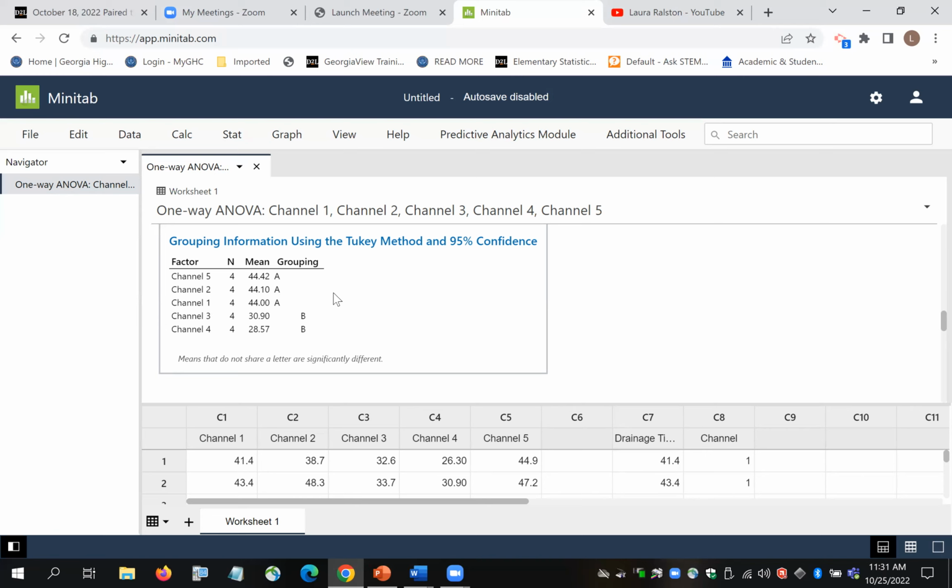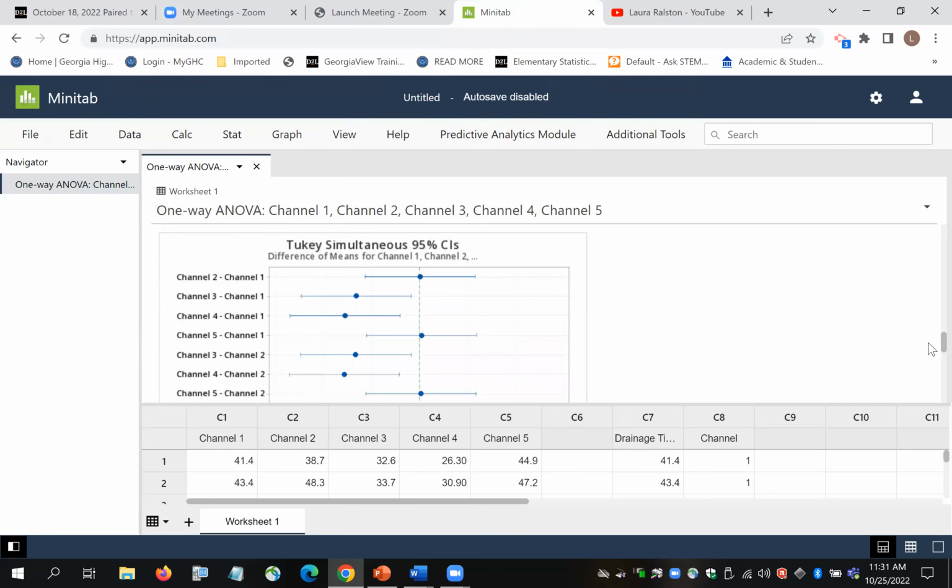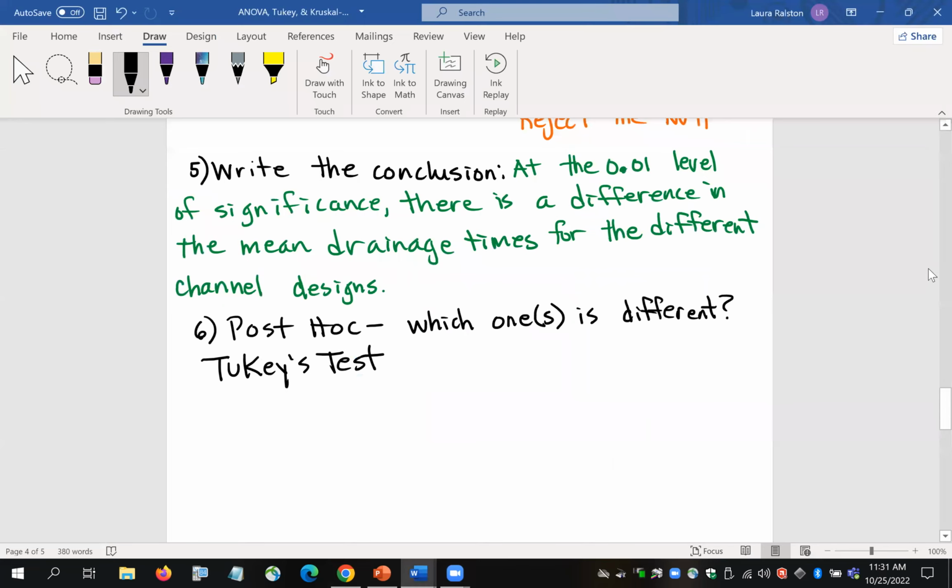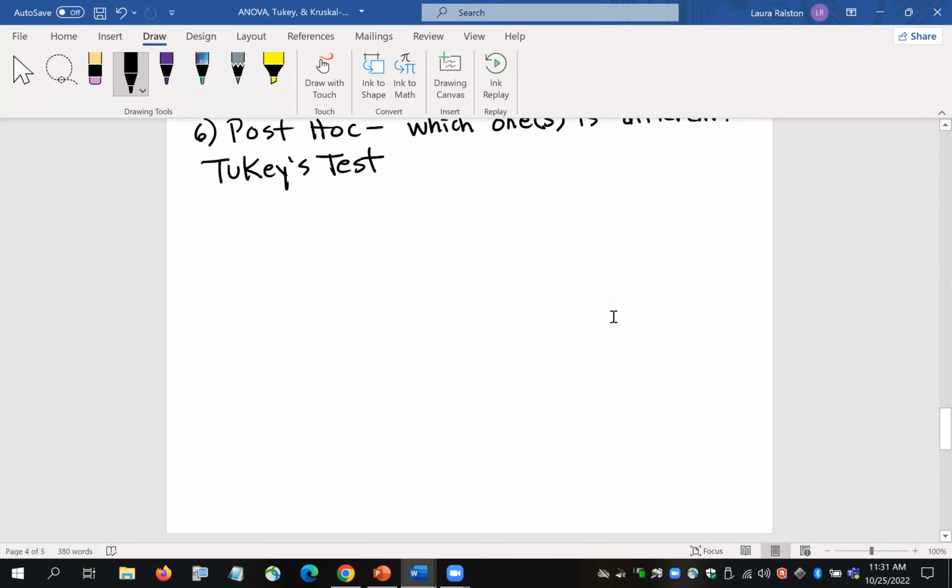If you look at this grouping method, what you're encouraged to look at is this probability plot, and I'm going to copy it over to my paper so we can talk about it.